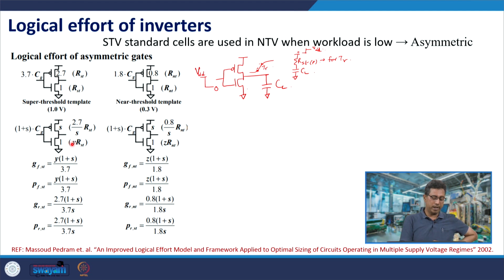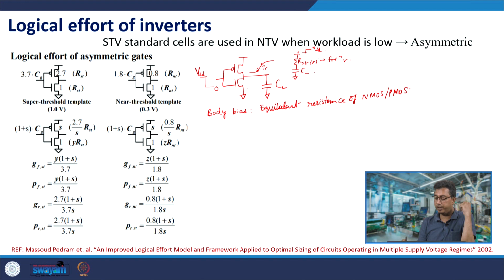So, when they apply that body bias, the equivalent resistance of the N MOSFET changes to Y times RST. I am sorry, they are not applying body bias to the P MOSFET. They are applying an equal body bias to all the NMOS devices, because all the NMOS devices share a substrate in a planar technology.